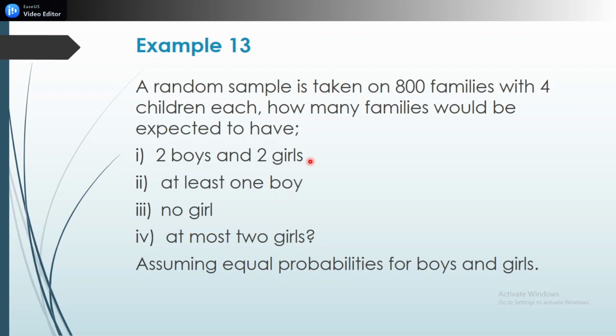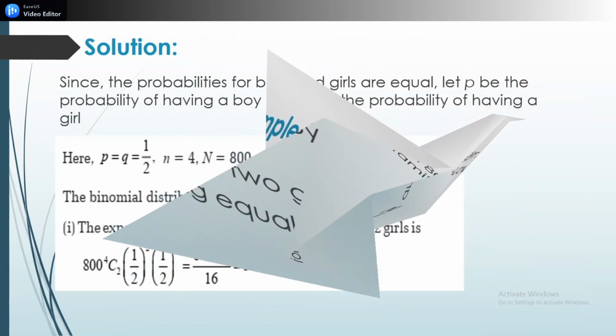At least 1 boy means it can be 1 boy, 2 boys, 3 boys, and so on. At most 2 girls means 2 is the greatest number; it can be 2, can be 1, and it can be 0.